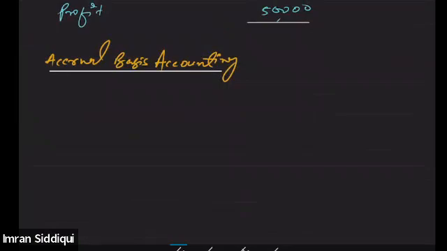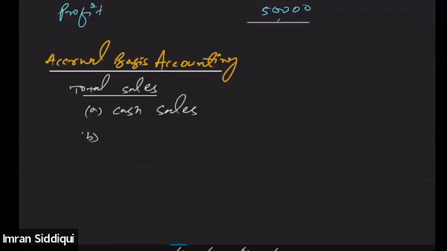So first of all, while doing the accrual basis accounting, we will take all kinds of sales, total sales, including the cash sales as well as the credit sale.